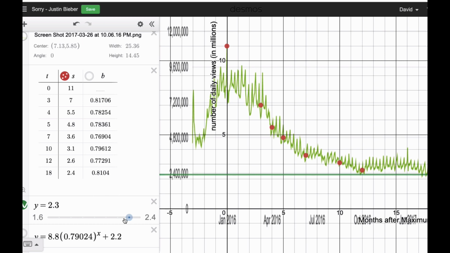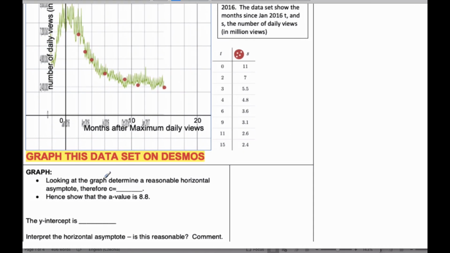There are a lot of correct values you could choose, and a lot of incorrect values too, but this is not a one-right-answer situation. I'm going to choose 2.2, so the reasonable horizontal asymptote is 2.2 million.